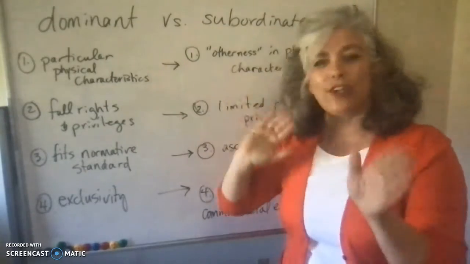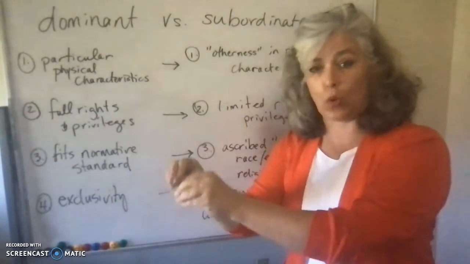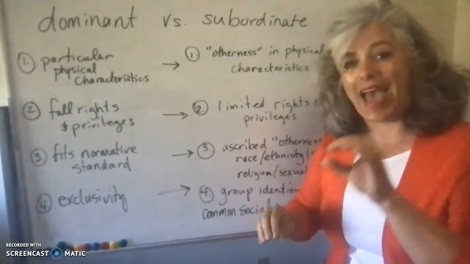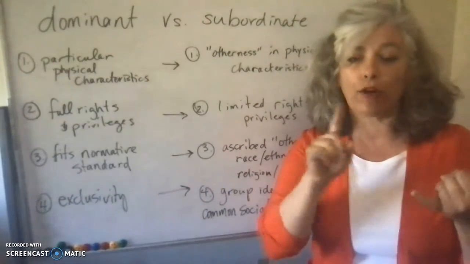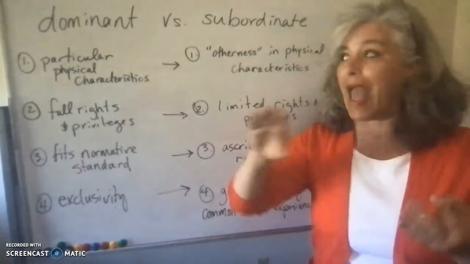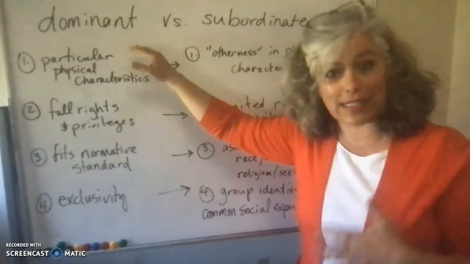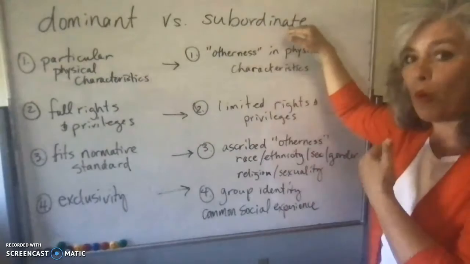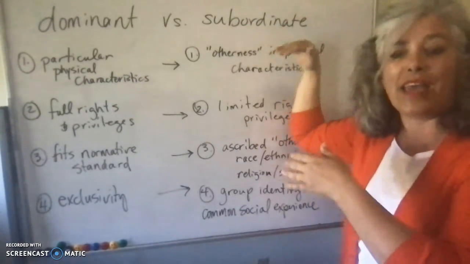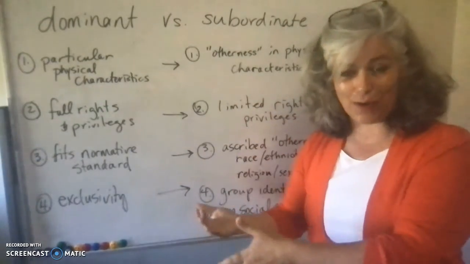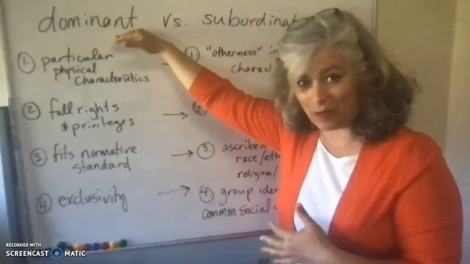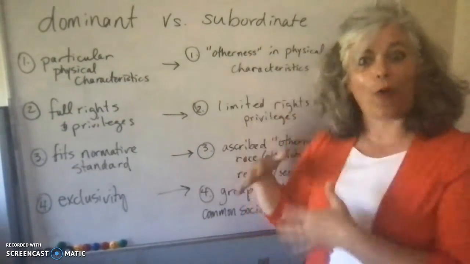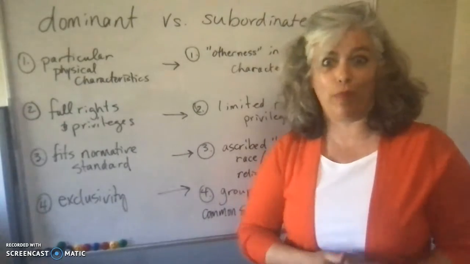So we need to steer away from using the words minority and majority, and instead, when we're talking about control, power, and dominance, we should say dominant categories of people versus subordinate categories, or anybody who is subjected to the dominant norms that are established according to the dominant category of people.